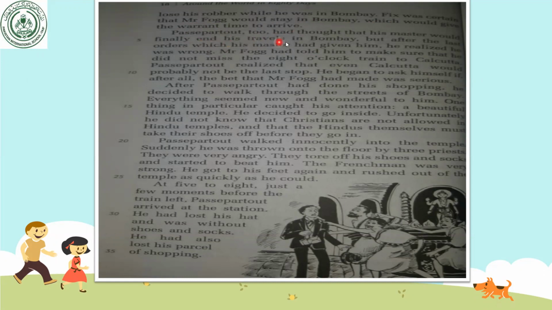Passepartout too had thought that his master would finally end his travels in Bombay, but after the last orders which his master had given him, he realized he was wrong. Mr. Fogg had told him to make sure that he did not miss the 8 o'clock train to Calcutta.